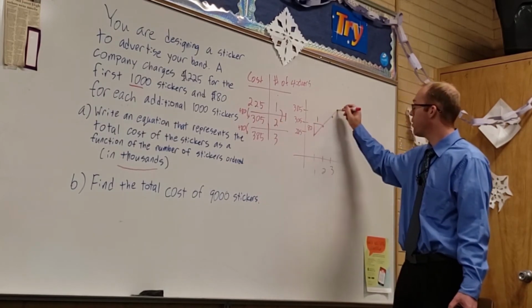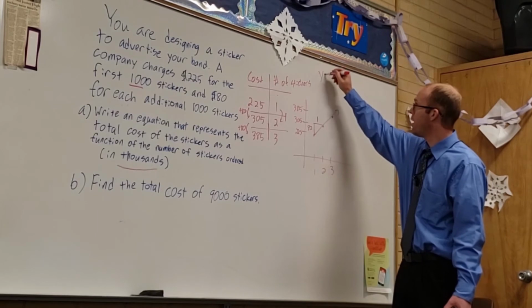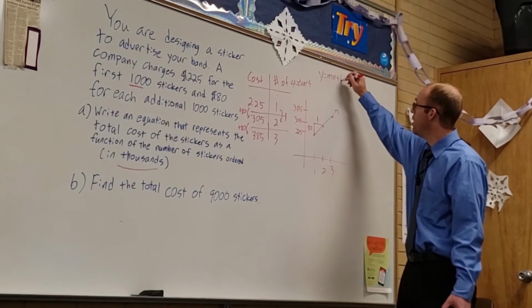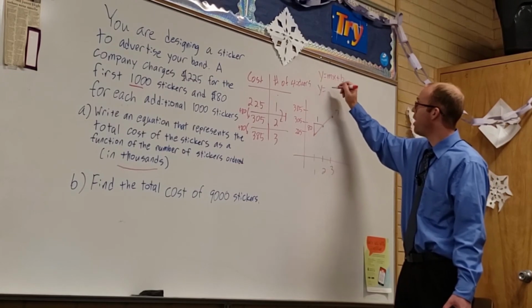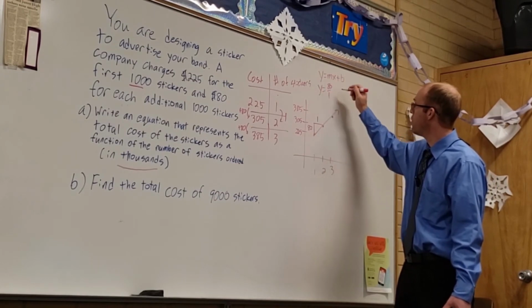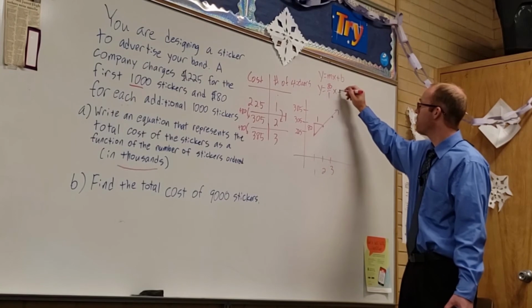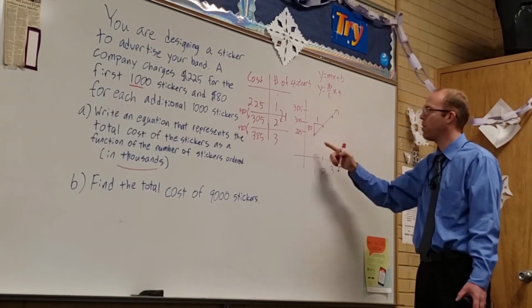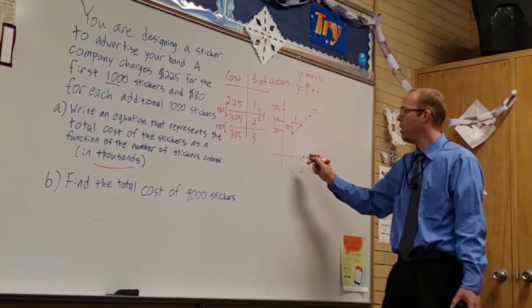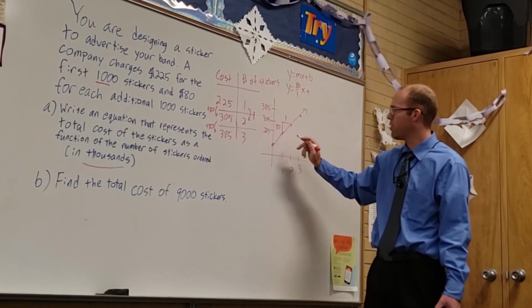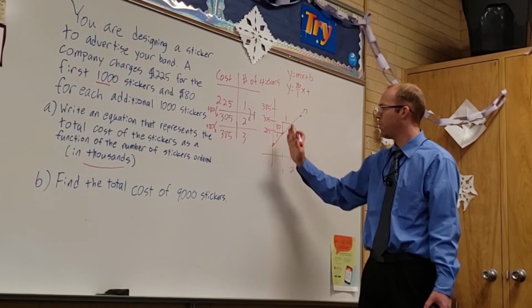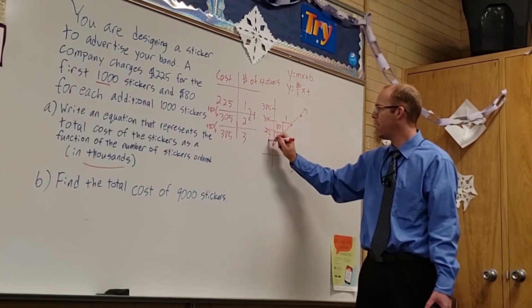All right, so if we're writing a linear model, again, that's y equals mx plus b. We just figured out our slope with our rise and our run. So we get y equals 80 over 1, or just 80, x plus. We need our y-intercept, and we're not given it for this question. We've got to go back one step to here. We could either use our slope and go over 1, which puts us on the y-axis, and down 80.